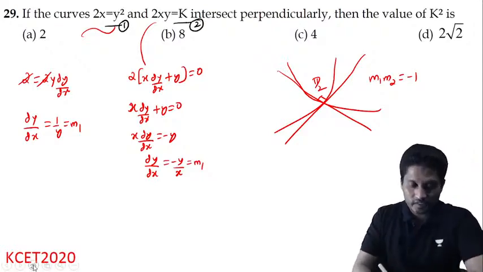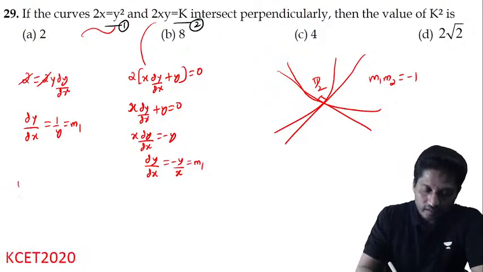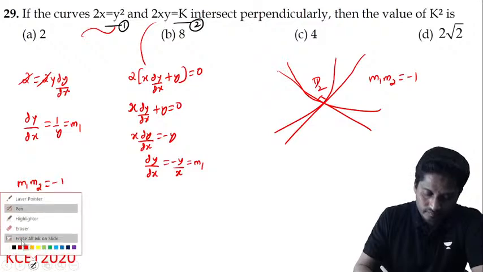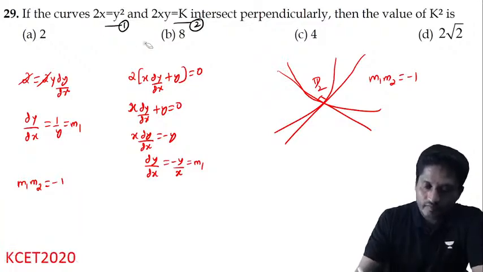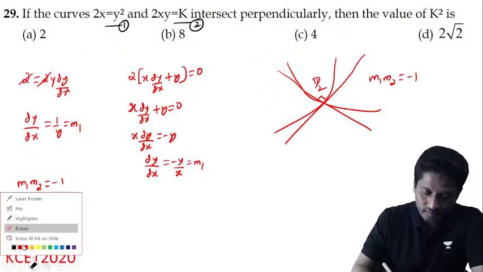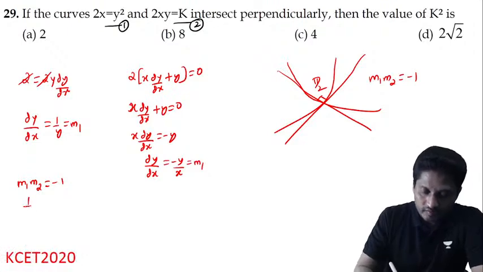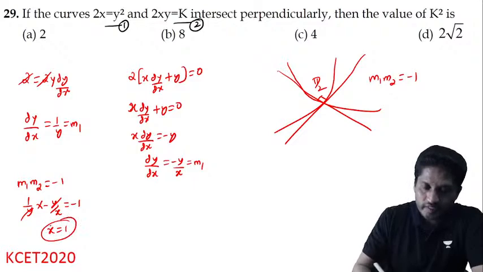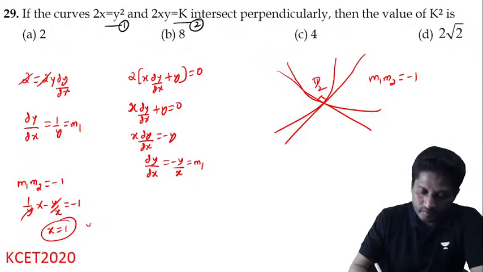Now, according to the question, they cut at right angles, right? So m1 into m2 is equal to minus 1. m1 is 1 by y, m2 is minus y by x, the product is equal to minus 1. This will cancel, you get x is equal to 1. If I substitute x is equal to 1 in equation 1, y square is equal to 2.